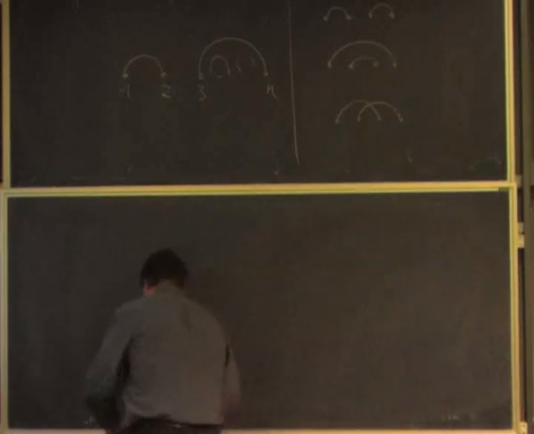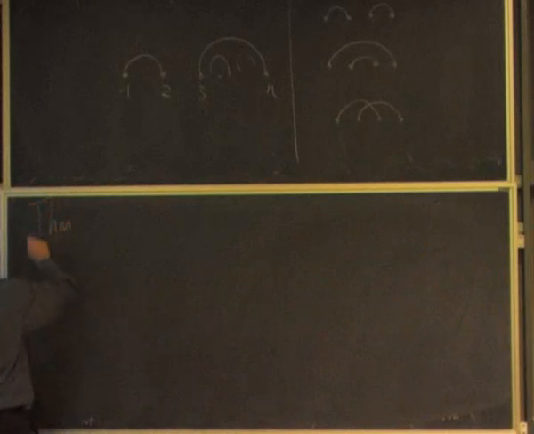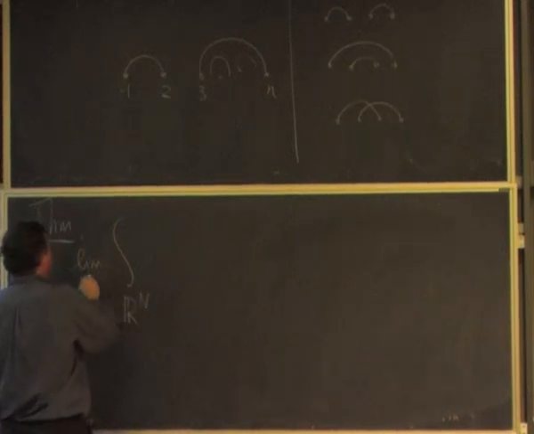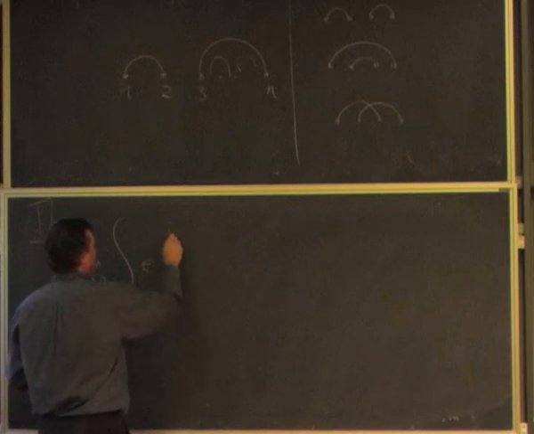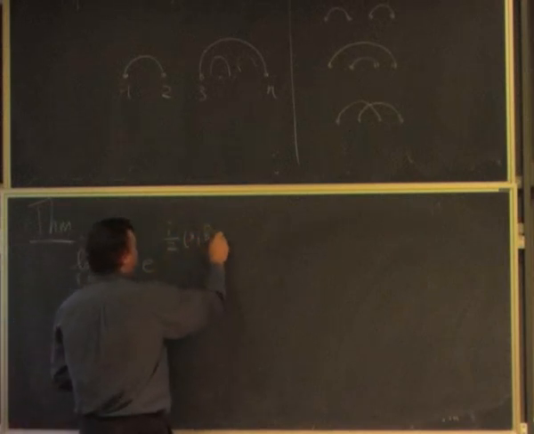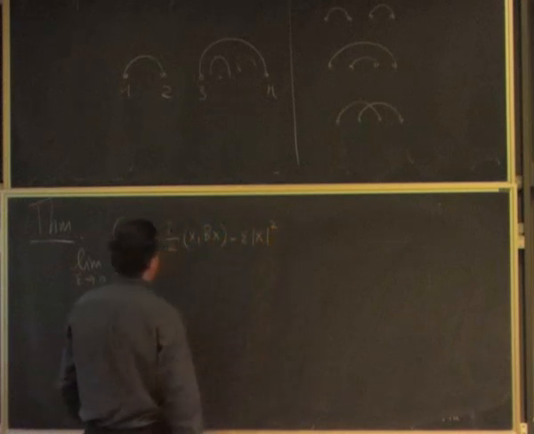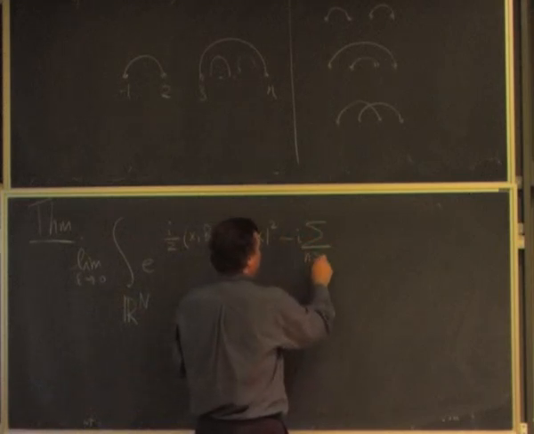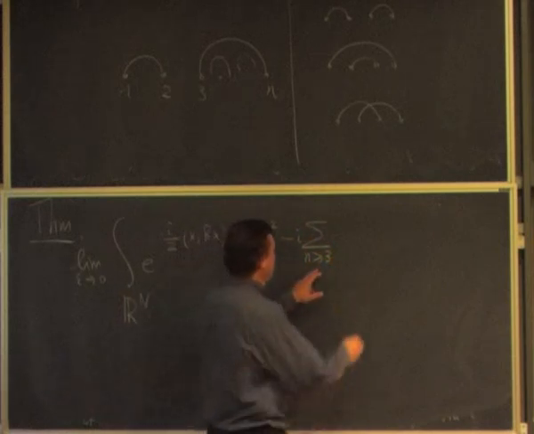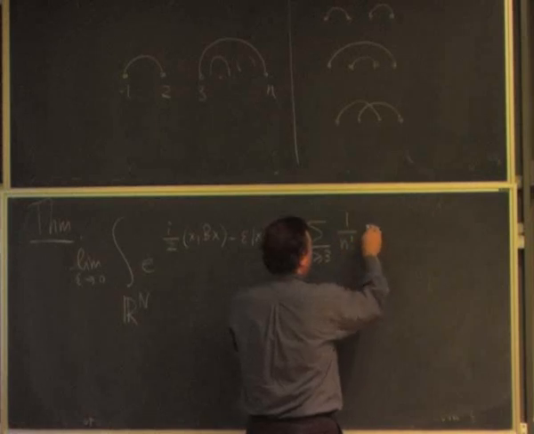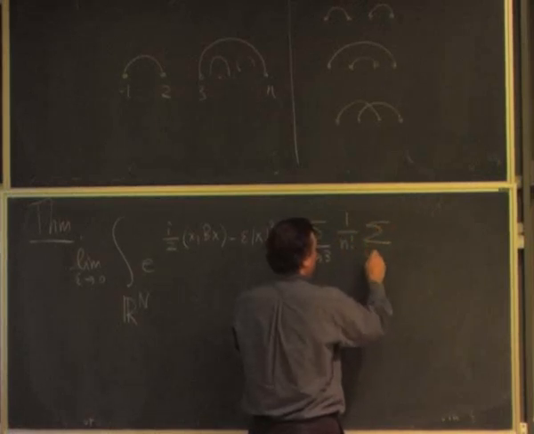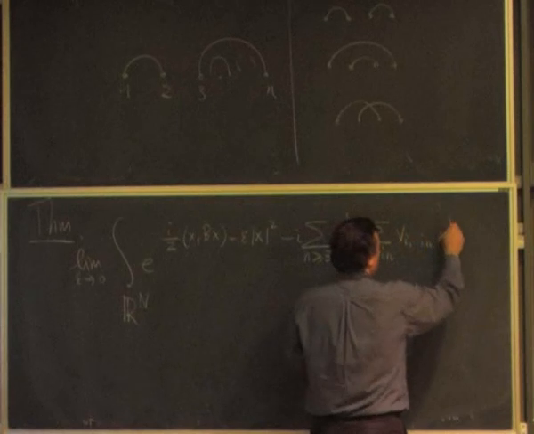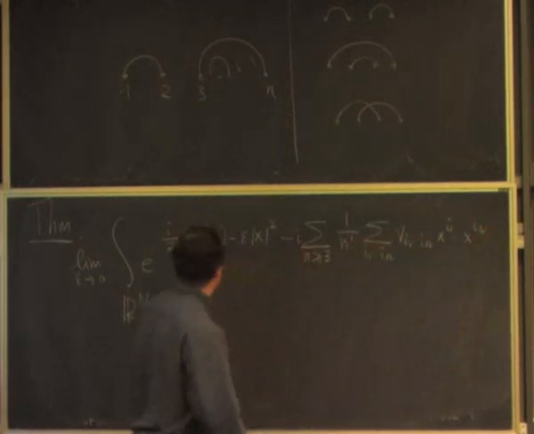Again, the limit as epsilon goes to 0 of e to the i over 2 x B x minus epsilon x squared, minus i sum over n greater or equal than 3, 1 over n factorial, sum over i1 through i_n, V_{i1...in} x_{i1} ... x_{in}.